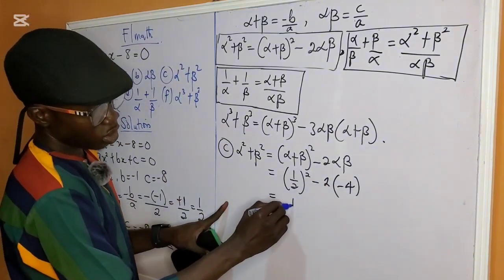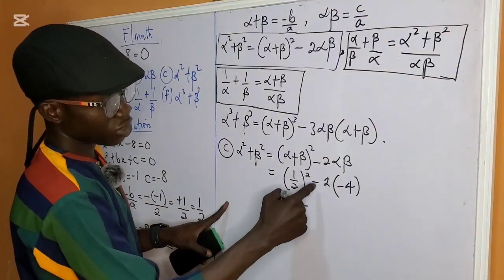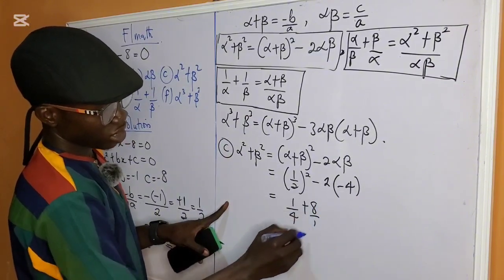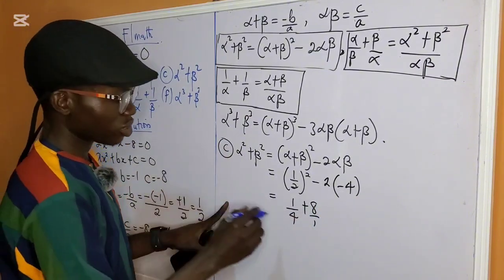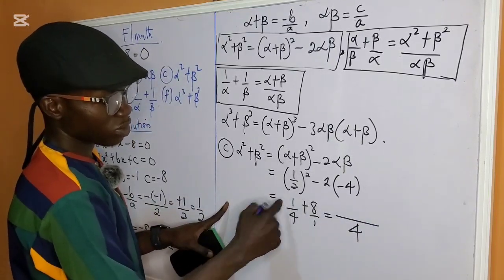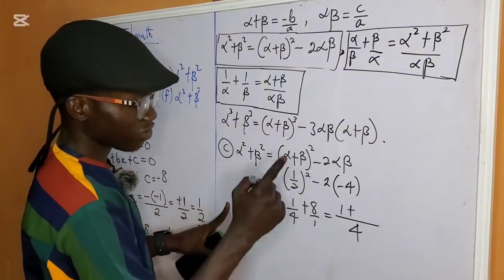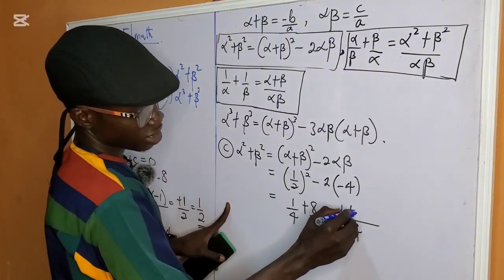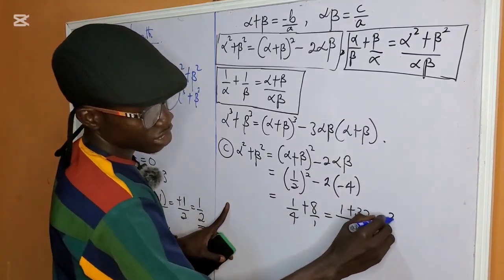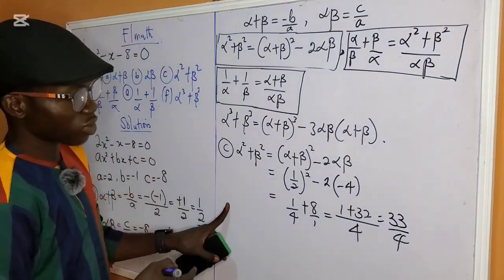This is 1 over 4. The square of 1 is still 1. The square of 2 is 4. Minus multiplied by minus, that is plus. 2 multiplied by 4, that is 8. Now to turn it into a single fraction, the LCM is 4. 4 in 4, 1. 1 multiplied by 1, 1. Plus 1. How many ones can we get in 4? That is 4. 4 times 8, that is 32. So the answer is 33 over 4. That is for alpha squared plus beta squared.